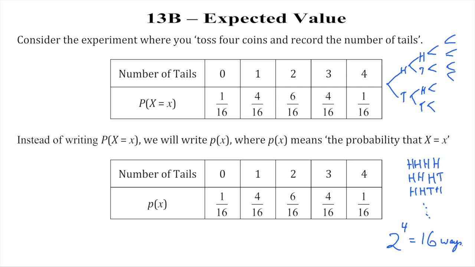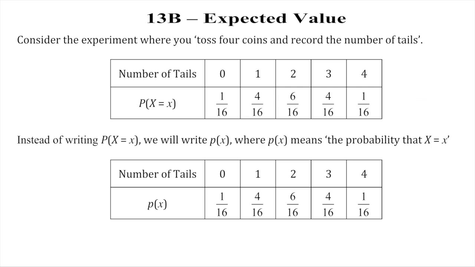So let's break that down and look at this now. This table here talks about the number of tails you get when you flip 4 coins. So what's the probability of getting 0 tails? Well, if you followed your tree diagram through, there is only one way out of the 16 different outcomes where you get 0 tails. In other words, you got 4 heads.